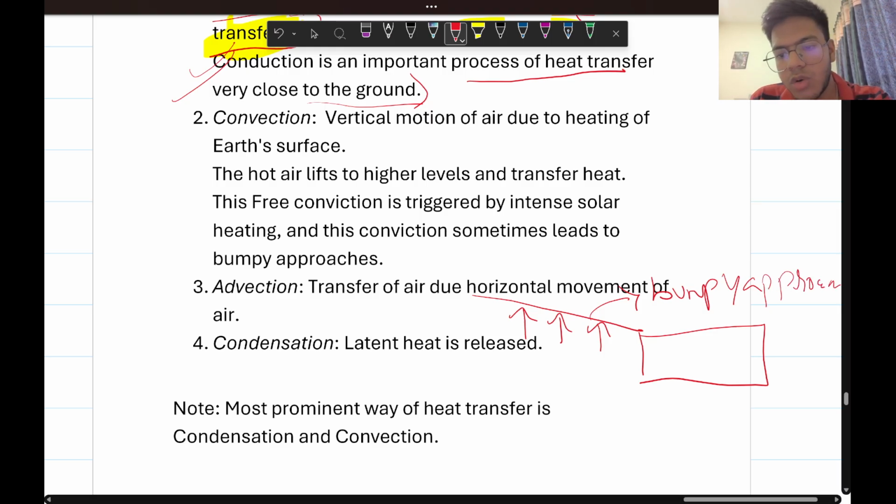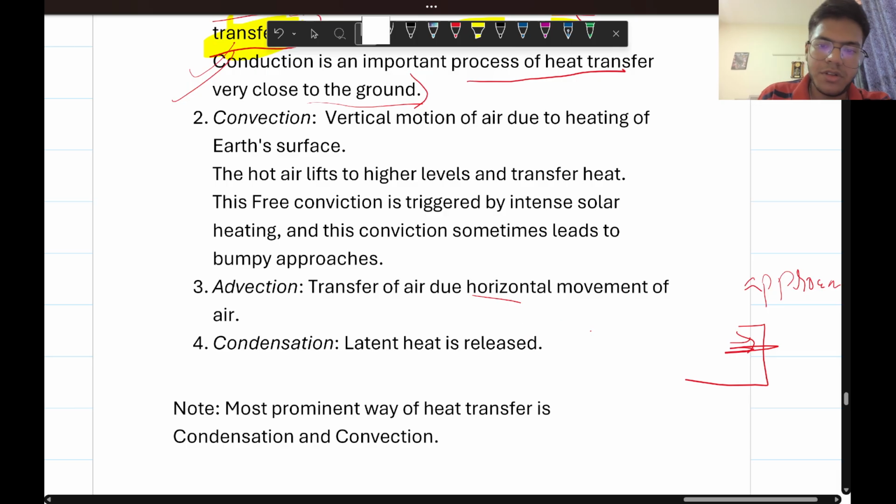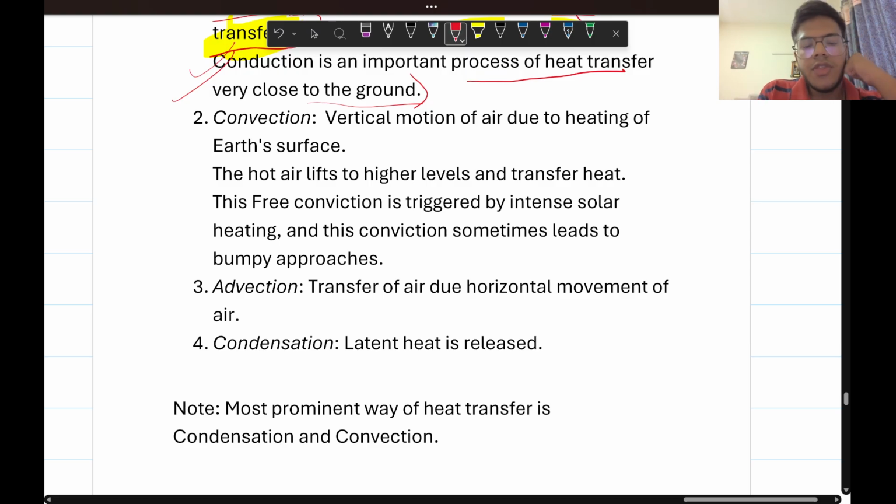Or sometimes when you are at your flare height, you will also experience these thermals, or you can say convection currents. This free convection is triggered by intense solar heating, and this convection sometimes leads to bumpy approaches.